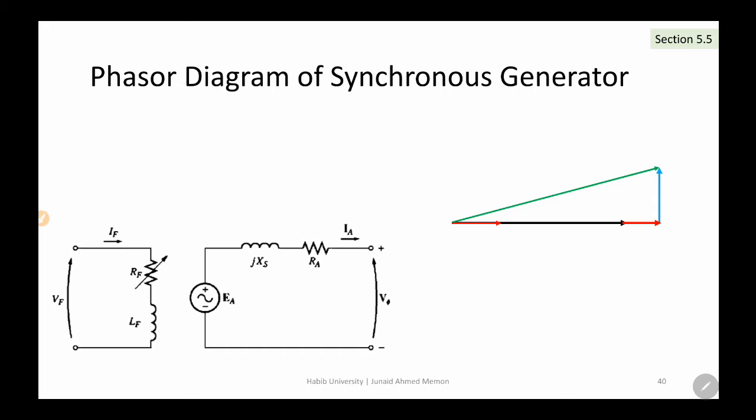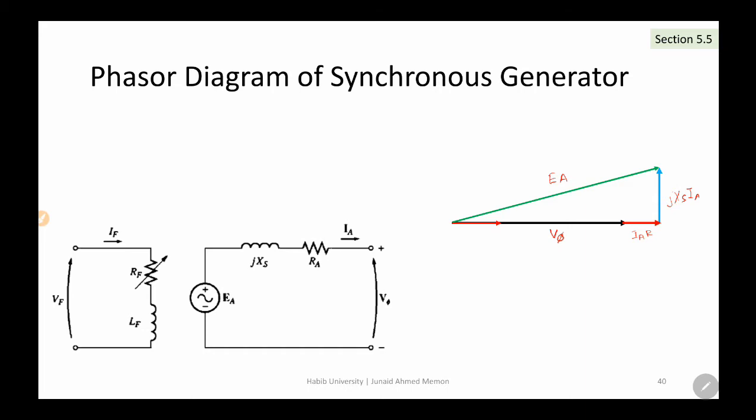So let's assume we have the same phasor diagram of the resistive load here: this is V phase, and you have an EA component, an IARA component and a JXS component. Before we compare this phasor diagram with the different natures of load, we need to ensure certain conditions that are imposed for this study.